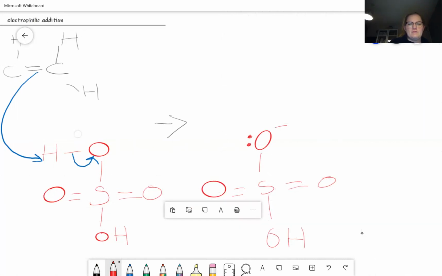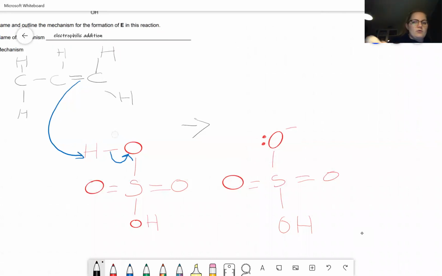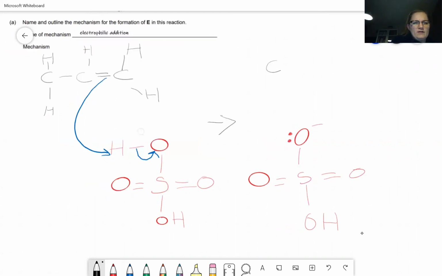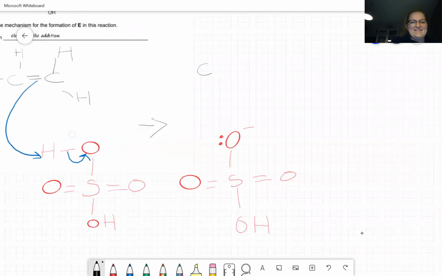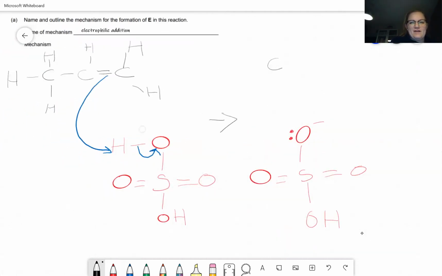I'm going to zoom out a little bit so we can see the whole thing. So we have our carbon here. Have I missed a hydrogen off this? Yeah, I missed a hydrogen off. There we go. So we've got hydrogen, hydrogen, hydrogen, carbon, carbon.